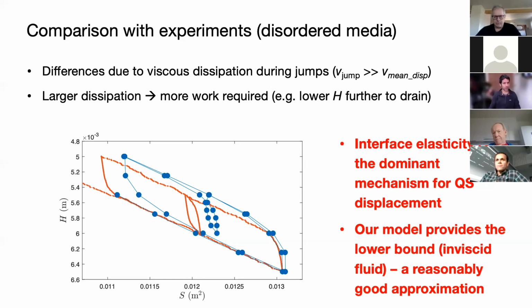But once you have enough width relative to the gravitational length, to the Jurin height, so the capillary length. Sorry. So once you have sampled enough of the defects statistically, then it doesn't really matter.